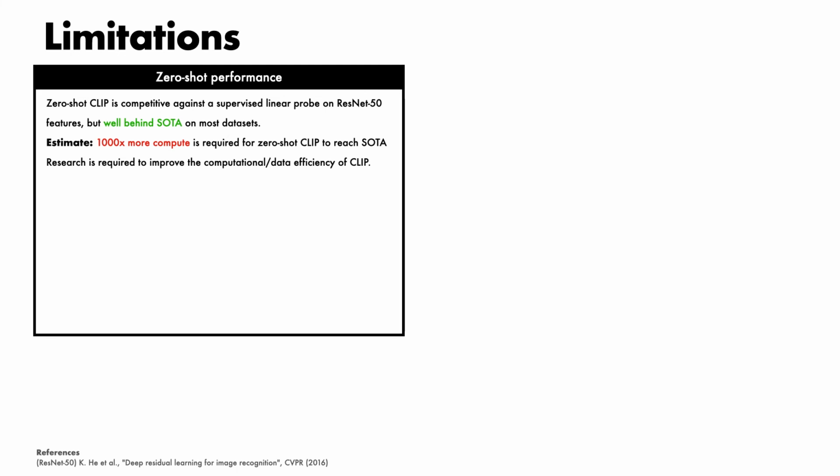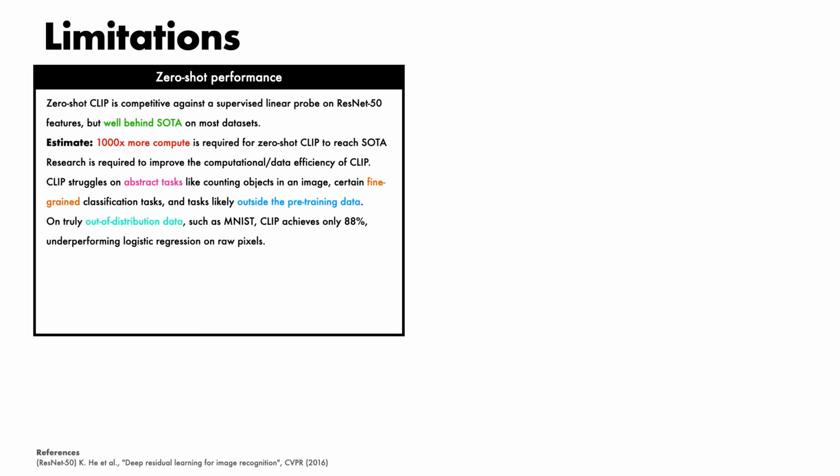We saw earlier that CLIP struggles on abstract tasks like counting the objects in an image, on certain fine-grained tasks like differentiating species of flowers, and on tasks that fall outside the pre-training data. For data that is truly out of distribution, such as the digits of MNIST, CLIP achieves only 88% accuracy, which is strikingly low, underperforming logistic regression on raw pixels.